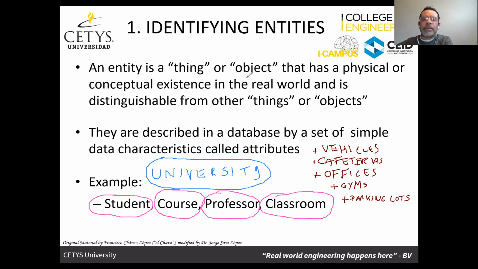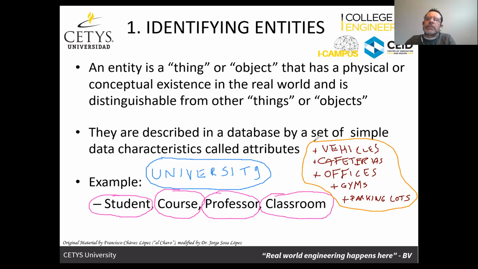This is where I'm going with this example. All of these could be entities. They fit. Do you guys agree that they fit the description of an entity? It's a thing or an object that has a physical or conceptual existence that differentiates itself from other things.